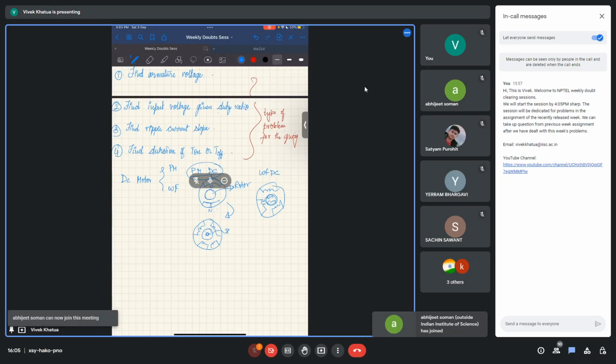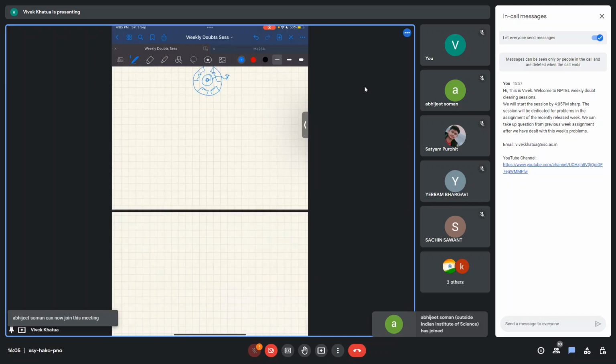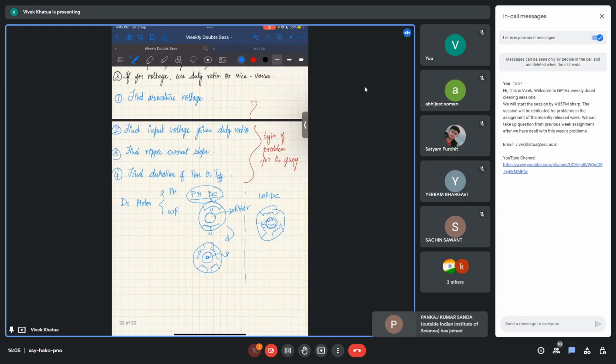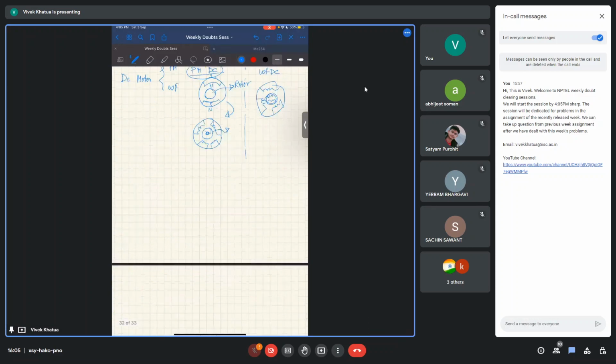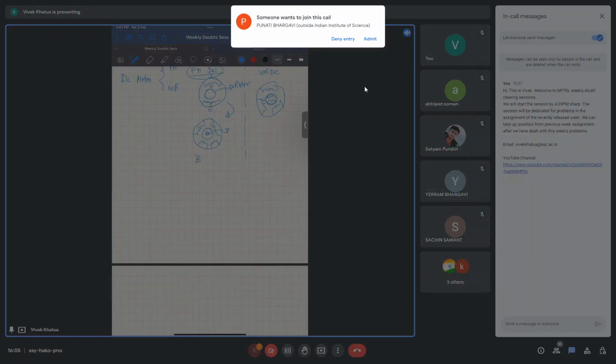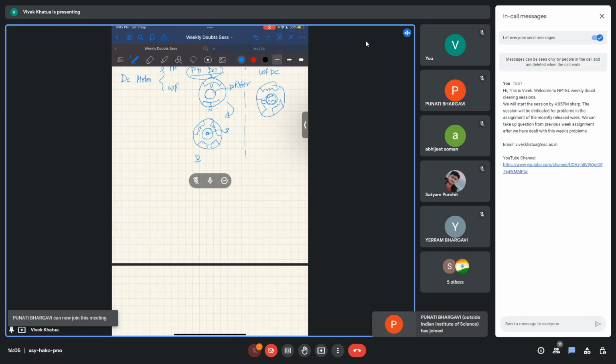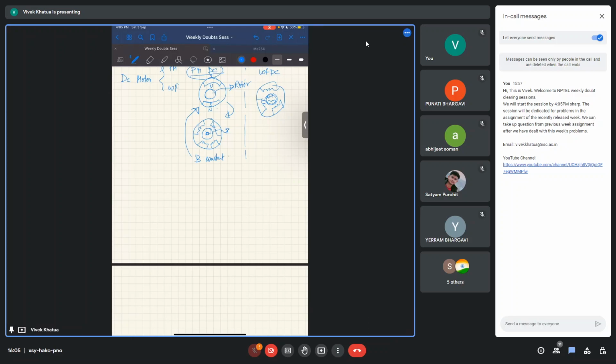So the actual difference, in the problem that we are dealing with here, is that the B you have is constant. For such types of motors, B is constant; you cannot alter the field.